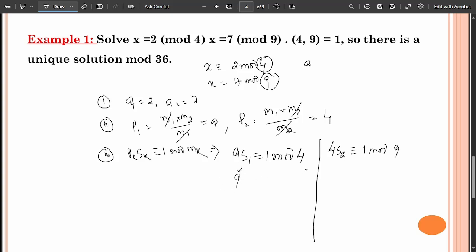When 9 is divided by 4, the remainder is 1, so 9 is 1 modulo 4. Comparing these, 9 s1 is congruent to 1 modulo 4 and 9 is congruent to 1 modulo 4. That means s1 equals 1.